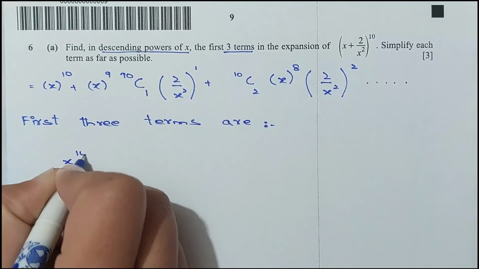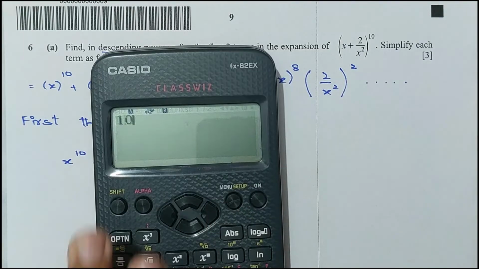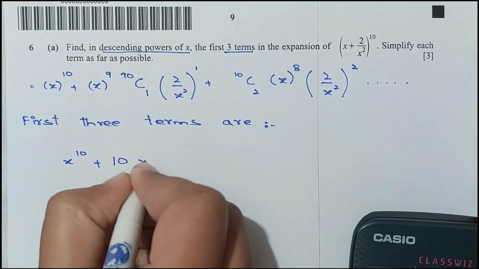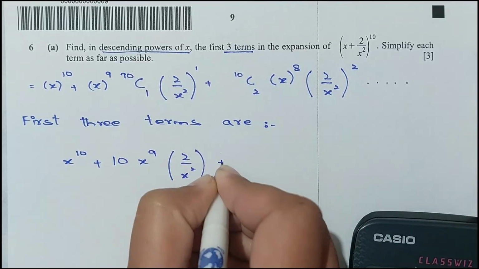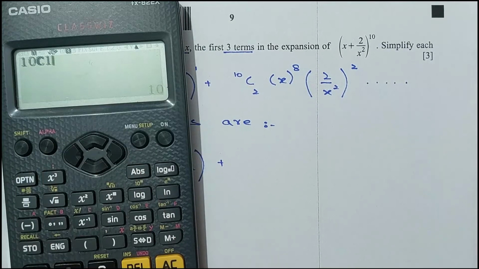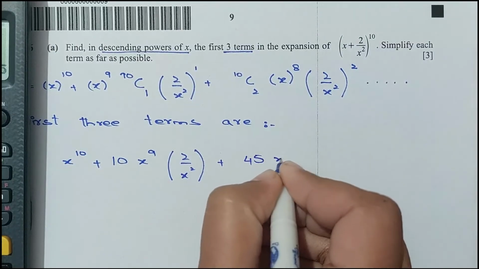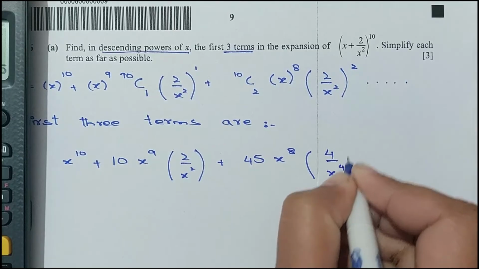x to the power 10 plus, what is 10c1? Simplify. 10c1 is 10. x to the power 9, 2 over x square, plus 10c2 is 45, x to the power 8, 2 square is 4 and x square is x to the power 4.